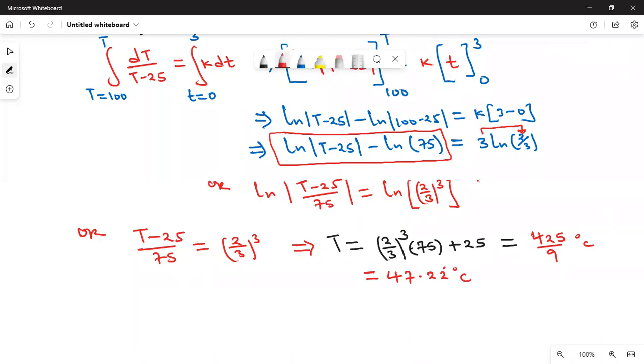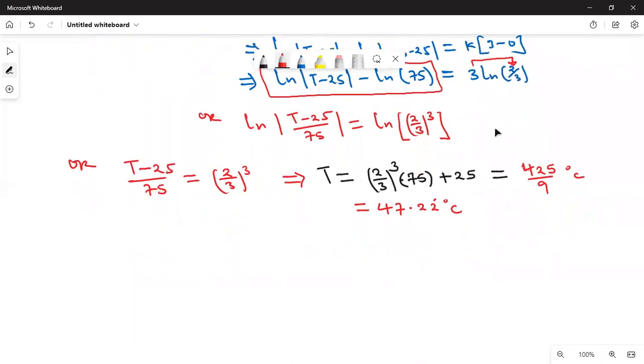So that is the temperature at the end of 3 minutes. And you see this substance continues to cool. So you could even determine the temperature at the end of 10 minutes. You could determine how long it will take for the temperature to be 0, etc. So that is example 1. Another example is this one, example 2.